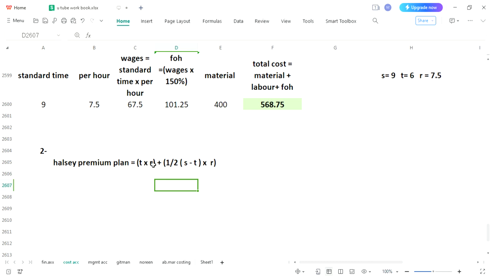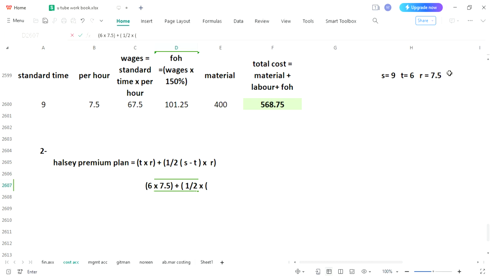Follow this formula. Time taken 6, first we will open the bracket, then 6 multiplied by the per hour rate 7.5. Then you need to add, open bracket, 1 over 2, and then you will multiply, open the bracket again.